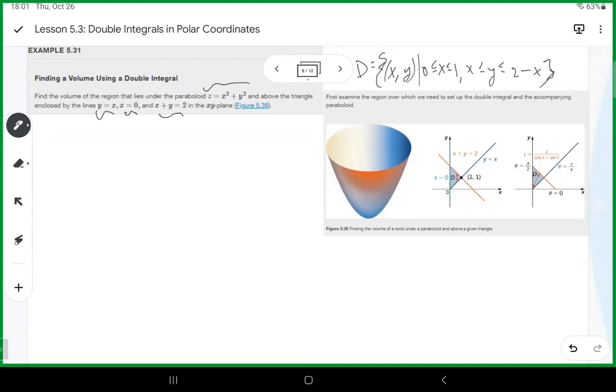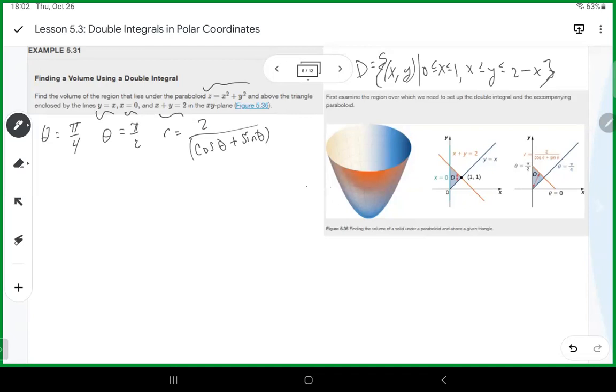So if you do that, you're going to be considering theta from pi over 4 to pi over 2, and then r is going to equal 2 over cosine theta plus sine theta.